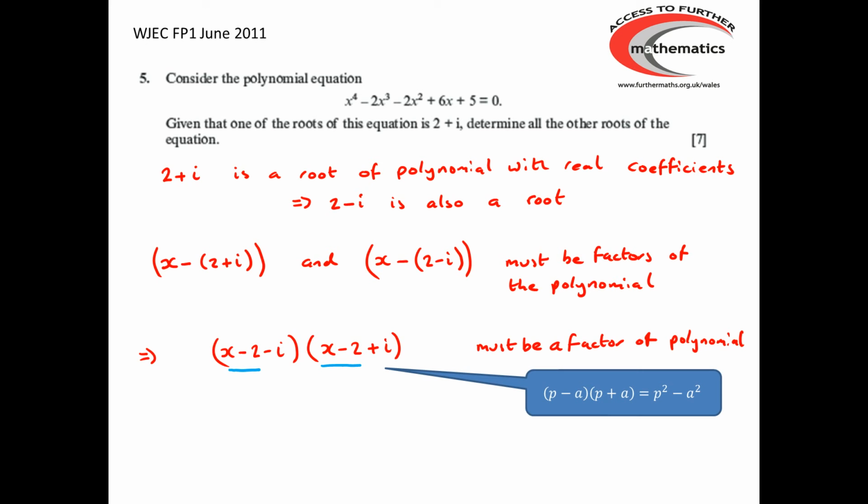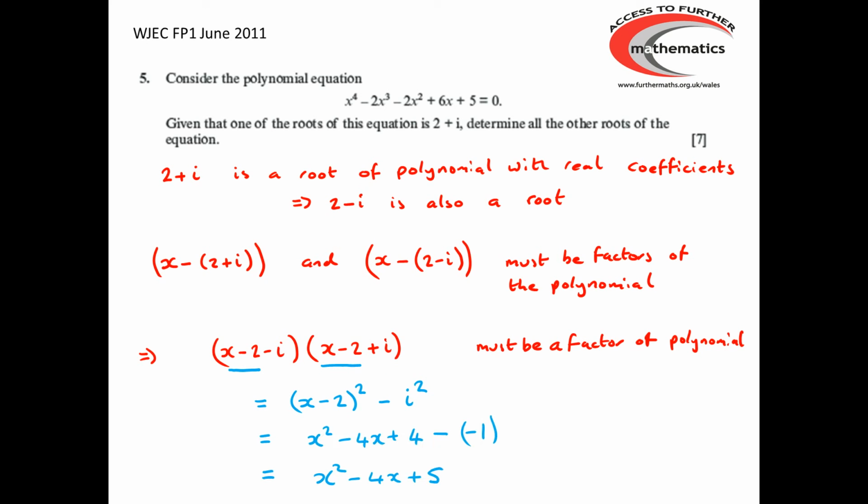we can see that what we've really got is something of the form p minus a times p plus a, which we know expands to p squared minus a squared. So we can say that x minus 2 take away i times x minus 2 plus i must be the same thing as x minus 2 squared take away i squared, which then rapidly just becomes x squared minus 4x plus 4 minus 1.